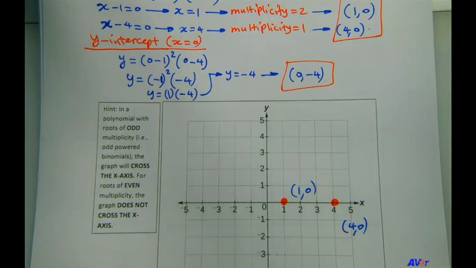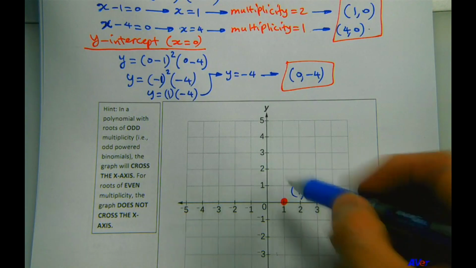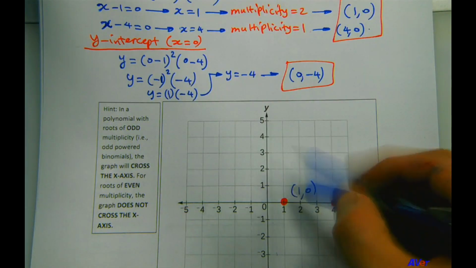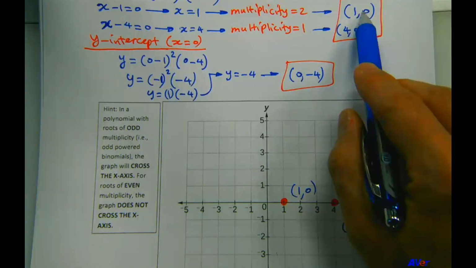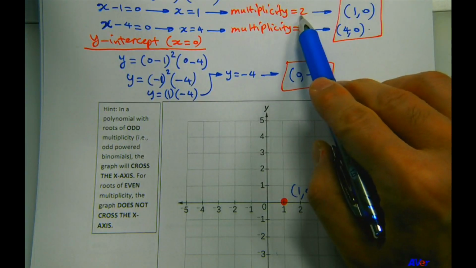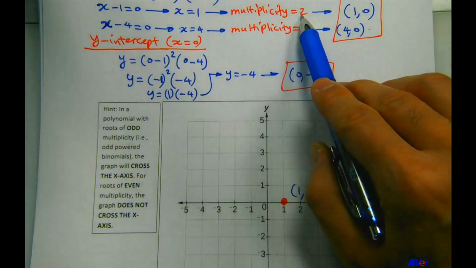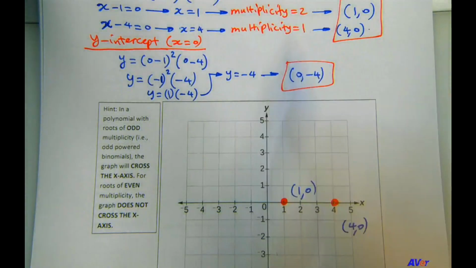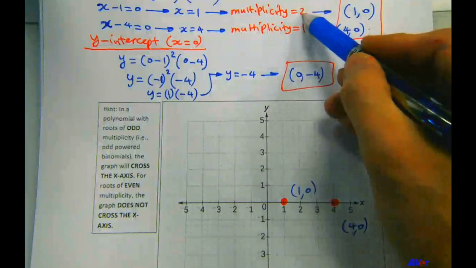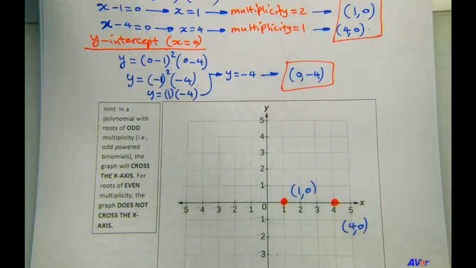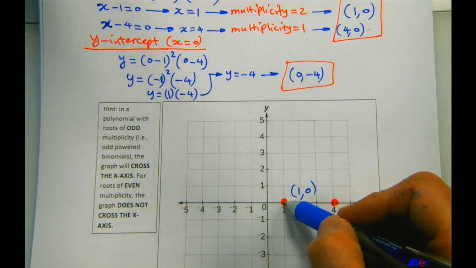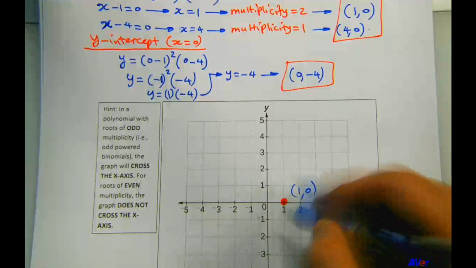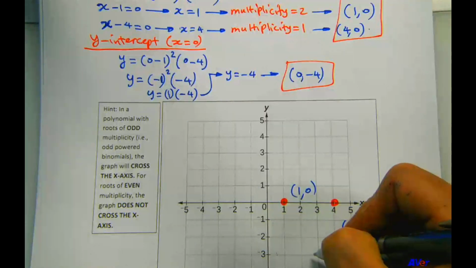Okay. So now the line at this point 1 comma 0 has even multiplicity. The important thing about multiplicity is whether it's odd or even. It's even, so we know the graph of the polynomial, when it hits that point, does not cross the x-axis. It'll bounce back to the same side.